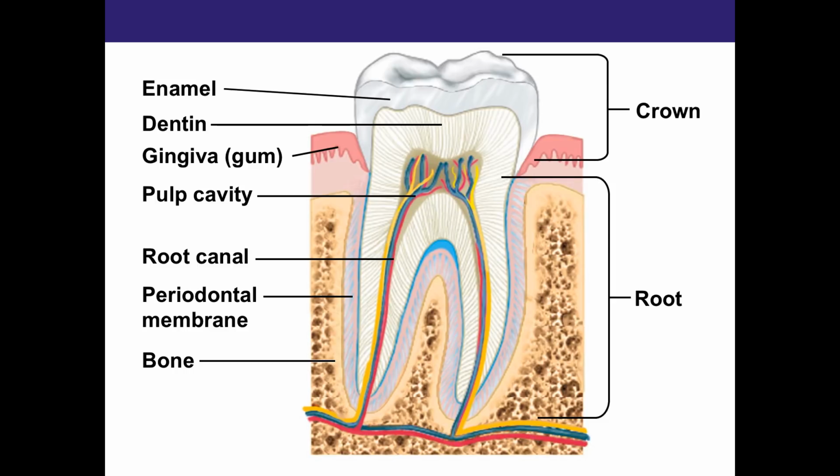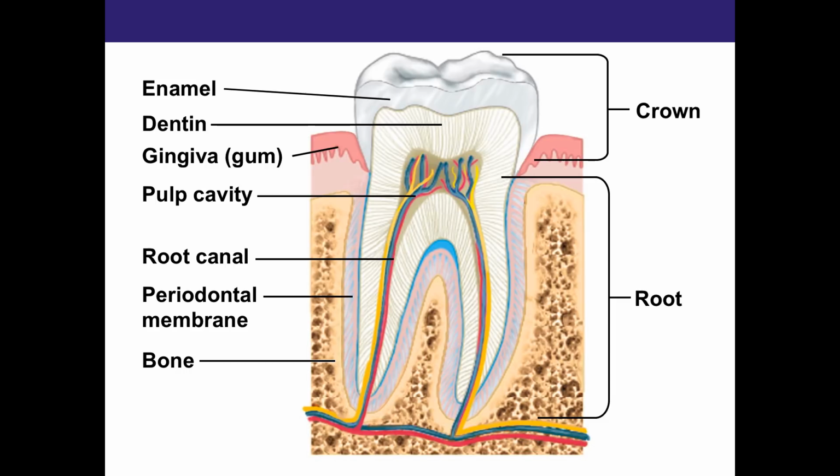So it is basically soft tissue in the center of the tooth that contains the nerve, blood, and lymphatic vessels. Okay, so the nerves actually run through the roots, the legs of the tooth, and then you can actually see the periodontal membrane here too.